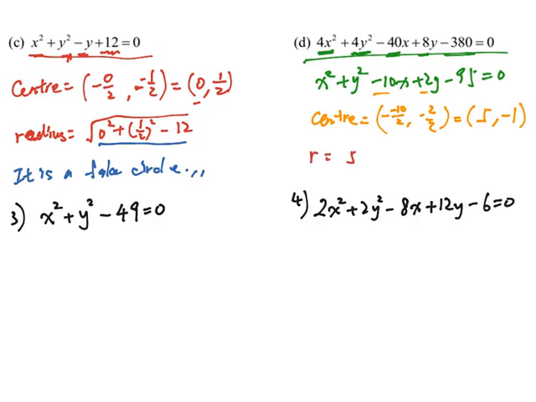For radius, 5 squared plus negative 1 squared minus f, with square roots. So you can find it is square root 121. So it is 11.